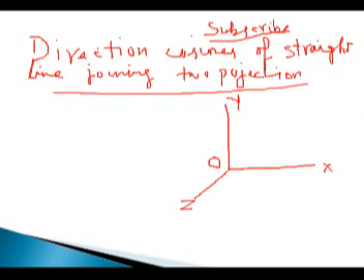Now we take any two points in three dimensions, P and Q. The coordinates of P are x1, y1, z1, and the coordinates of Q are x2, y2, z2.